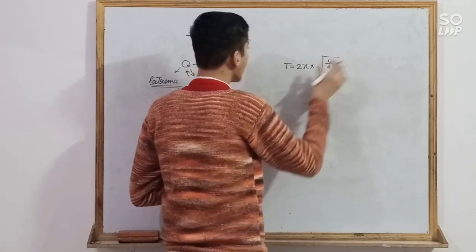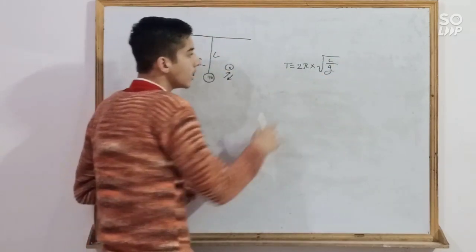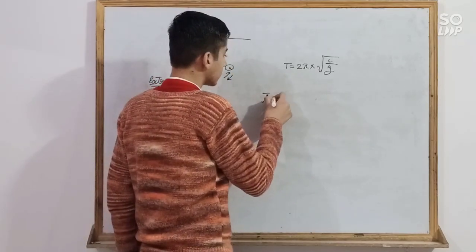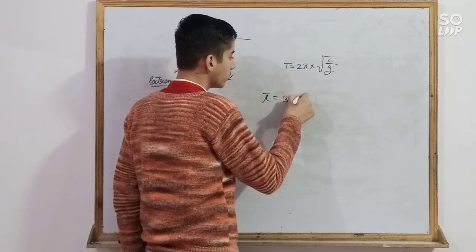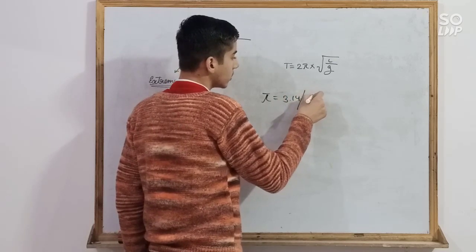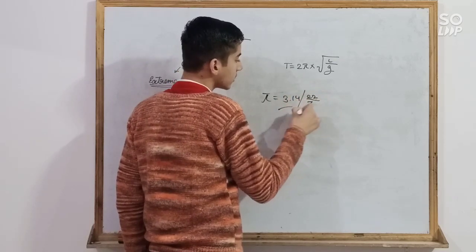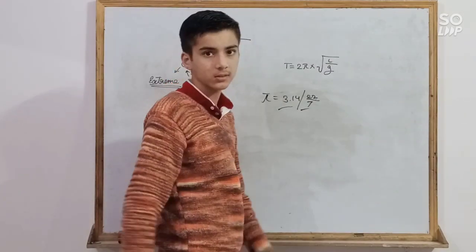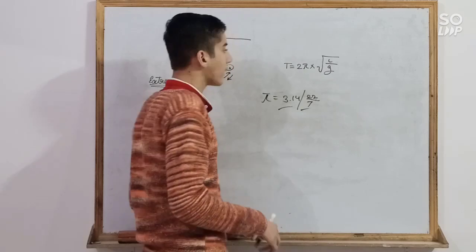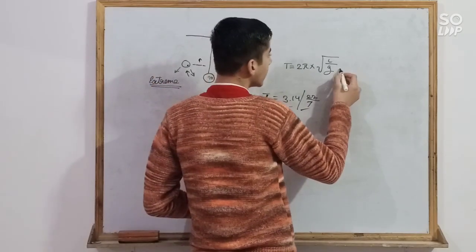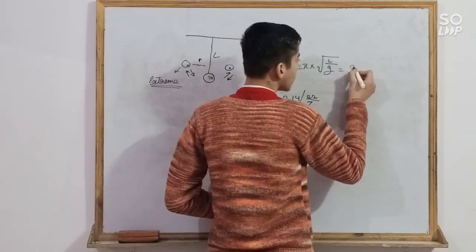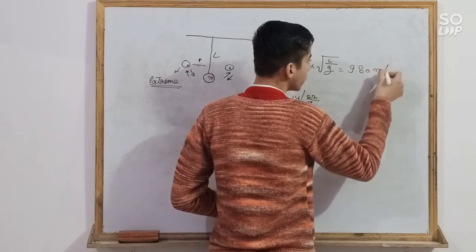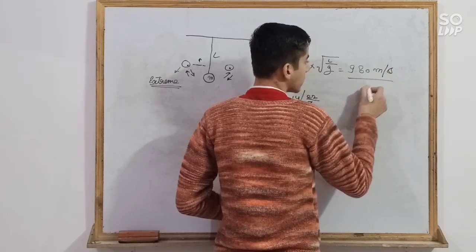In this equation, L is the length of this string, pi you can take as 3.14 or 22 upon 7, both are correct, but I'd prefer you to take it as 22 upon 7 because it is the most common value of pi. And here g is the famous gravitational acceleration, which is 9.80 meter per second.